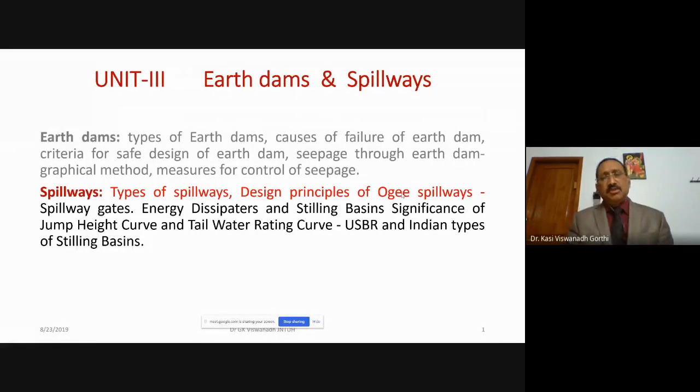We will see other types of spillways also, followed by gates provided for the spillway, how the energy gets dissipated in the spillways, and the requirement of the stilling basin, the significance of the jump height curve and tailwater rating curves, and USBR and Indian types of stilling basins, which are provided at the downstream portion of the spillway for dissipation of the energy. So we see these topics in the subject spillways.